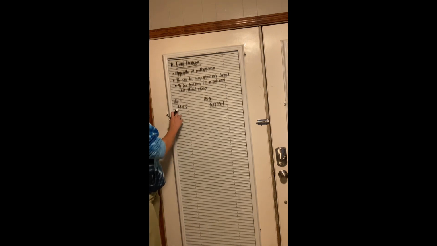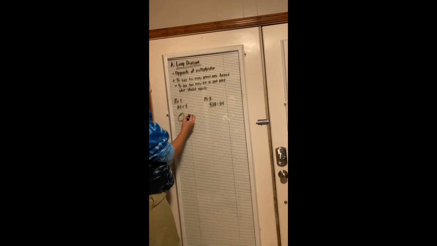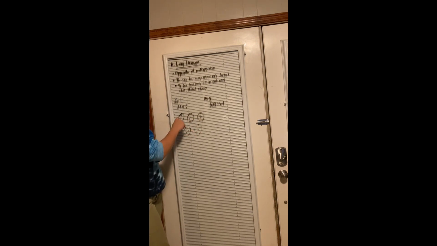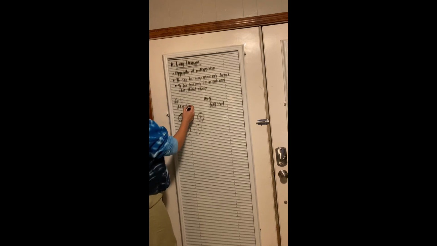So if you have 25 things divided into 5 groups, you divide in each one, so it'd be 5, 10, 15, 20, 25. There's 25 dots divided into 5 groups with 5 in each group. So the answer to this problem would be 5. That is the premise of division.